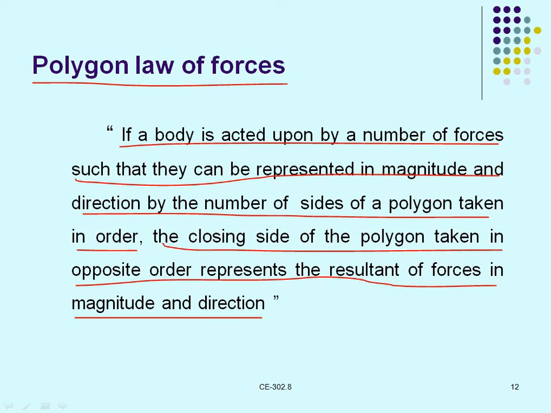So that means if a body is acted upon by a number of forces such that they can be represented in magnitude and direction by the sides of a polygon, taken in order, the closing side of the polygon taken in opposite order represents the resultant of forces in magnitude and direction.